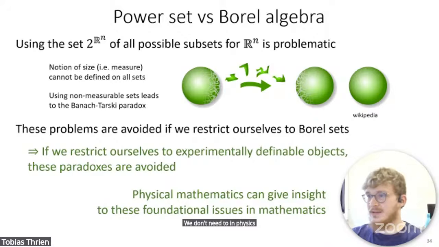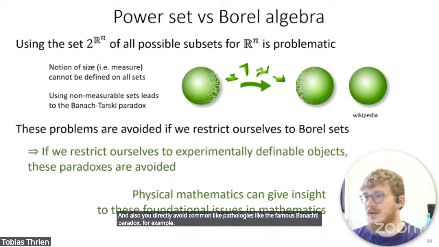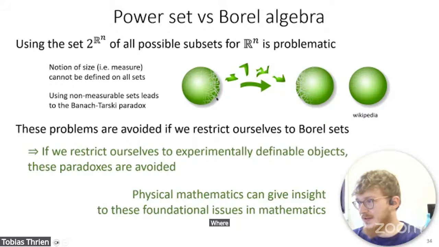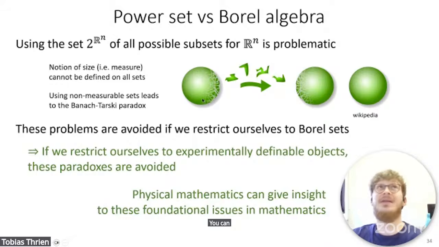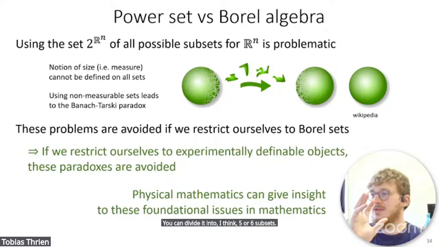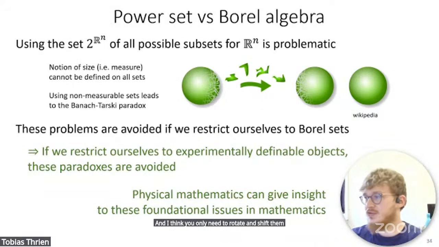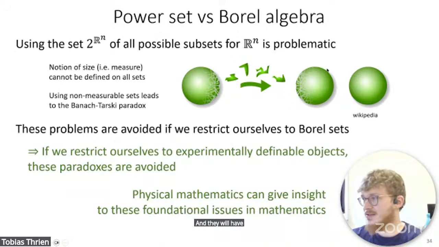And also, you directly avoid common pathologies like the famous Banach-Tarski paradox, for example, where mathematically you can take a sphere, divide it into I think 5 or 6 subsets, and I think you only need to rotate and shift them. You can recombine them into 2 spheres and they will each have the size of the original one.